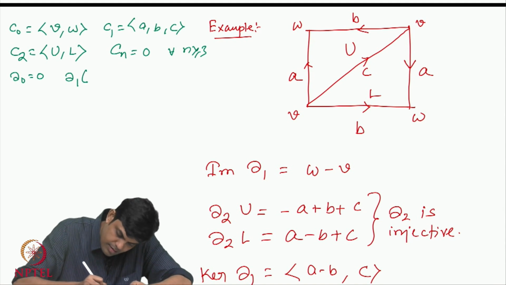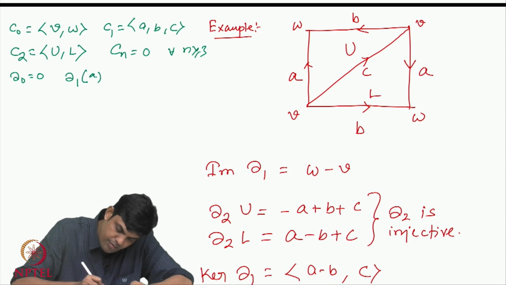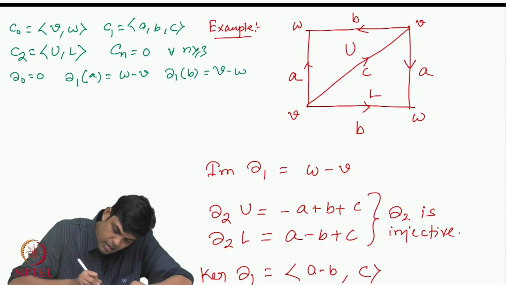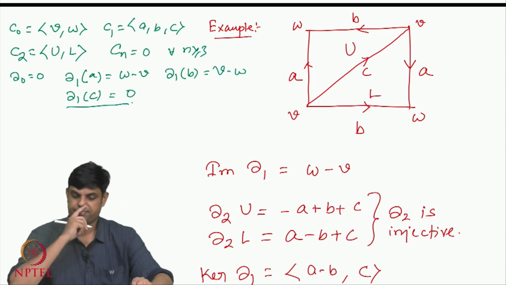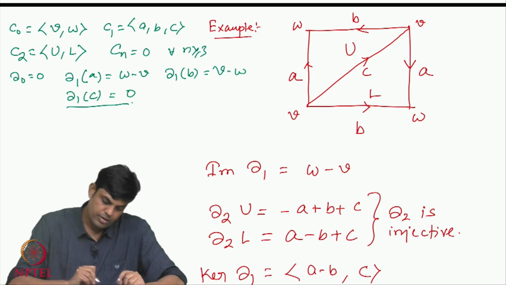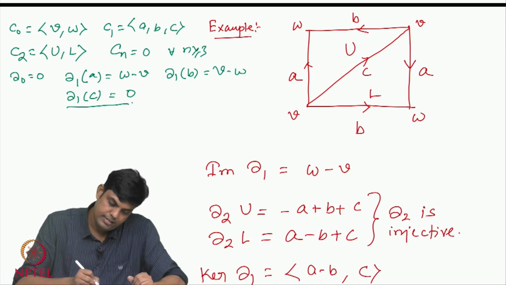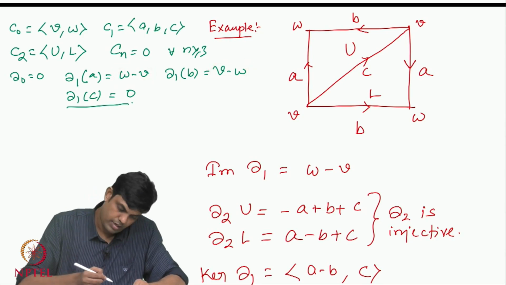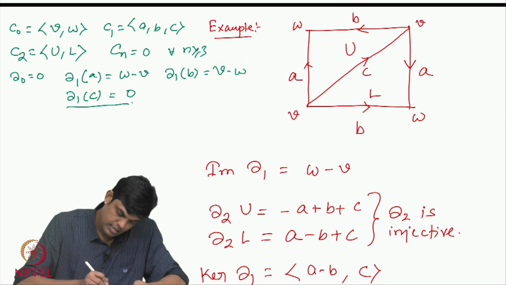So let us say delta 1 of A will be W minus V, delta 1 of B will also be W minus V, and delta 1 of C is V minus V, which is 0. Okay. So therefore the image of delta 1 is generated by this element W minus V or V minus W.